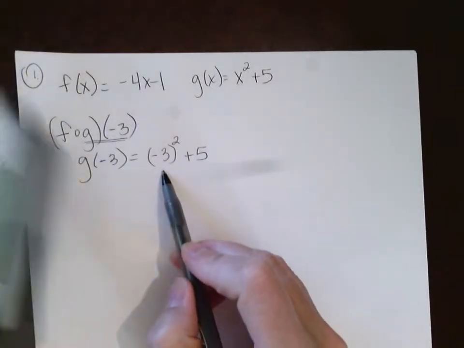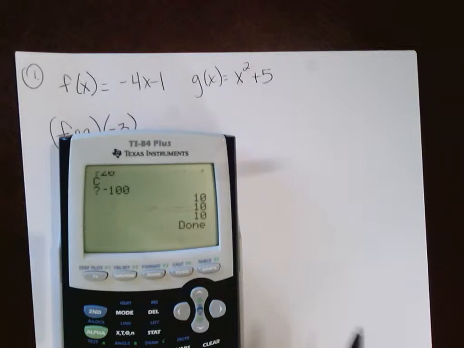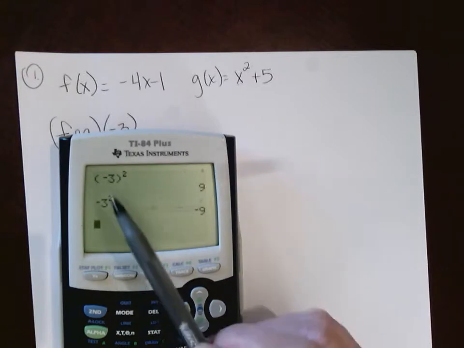But if you do square a number in your calculator, you need to make sure, if it's a negative, that you put it in parentheses before you square it. That's what gives you the positive 9. If you do not put the negative 3 in parentheses, it's going to tell you negative 9. Here's the difference.